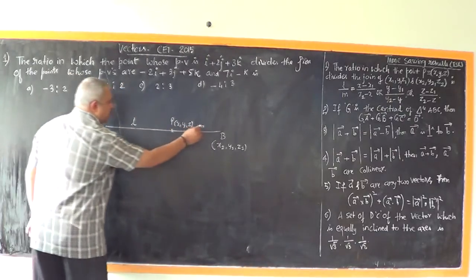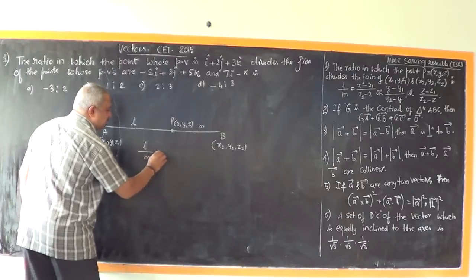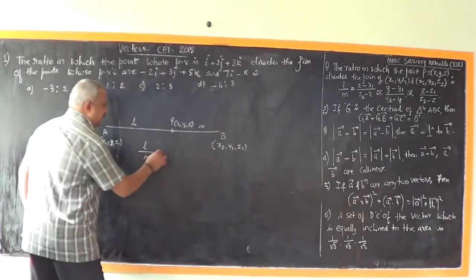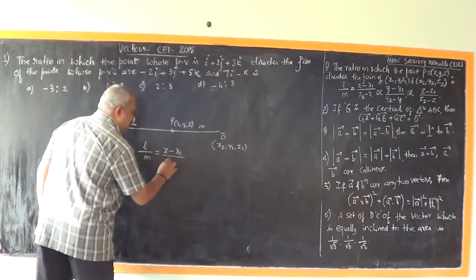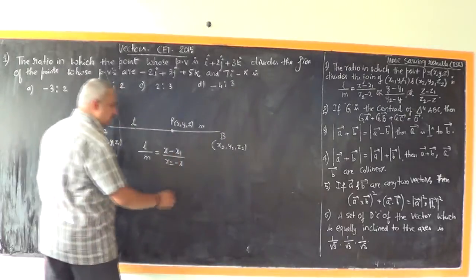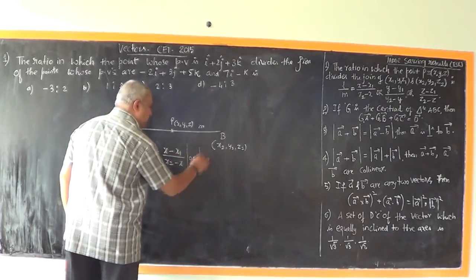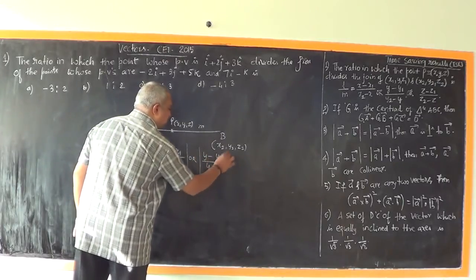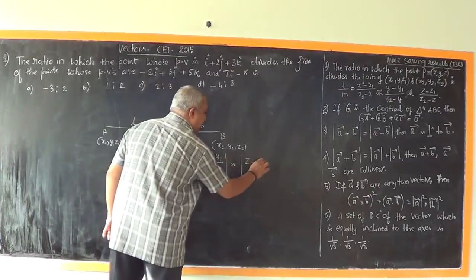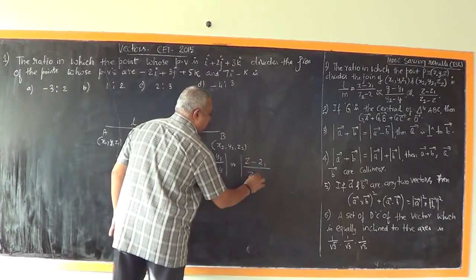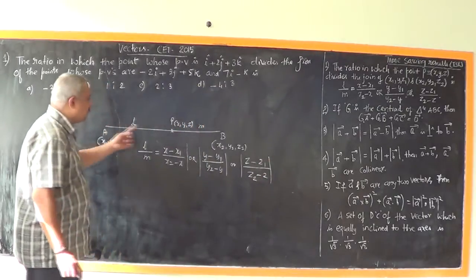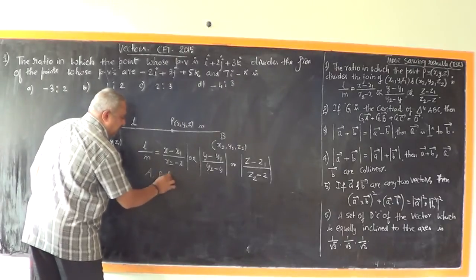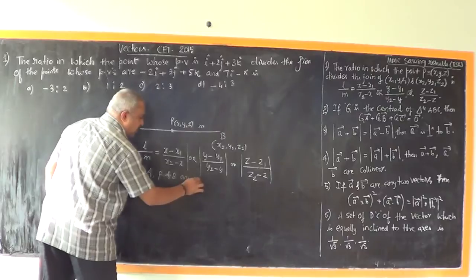Then this ratio L by M is simply given as the ratio of (x minus x1) by (x2 minus x). Or you can also take this ratio to be equal to (y minus y1) by (y2 minus y), or you can also take (z minus z1) divided by (z2 minus z), and you note that the points A, P, B are collinear.